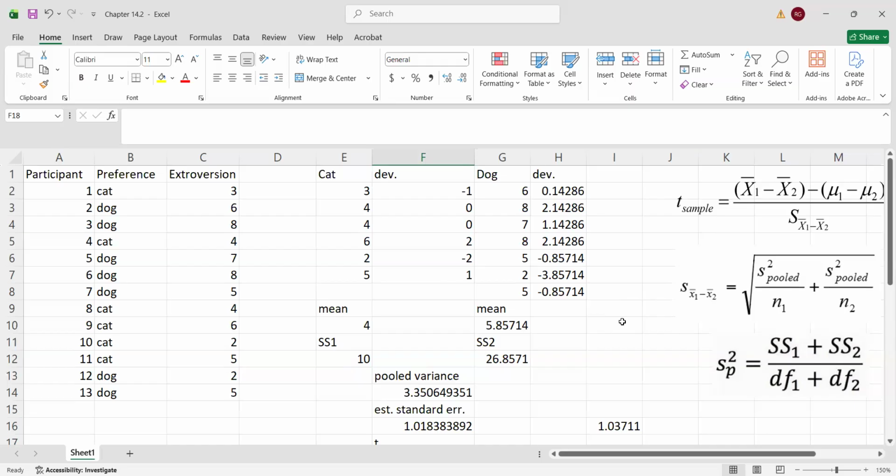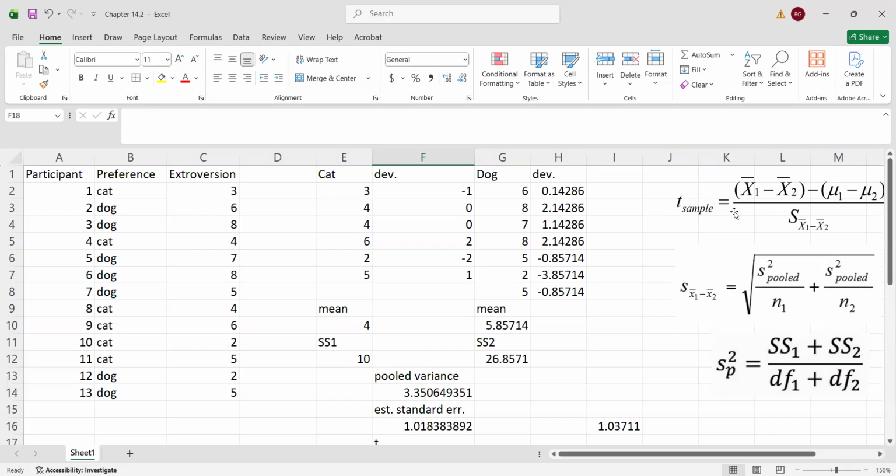So for X1 and X2 here, it makes more sense to use X1 as the extroversion rating of dog people, because when you subtract a smaller number from it, you're going to get a positive number, and that's going to give you a positive t-score. And we're interested in something being more than something else, and so the positives make more sense. You could do it either way.